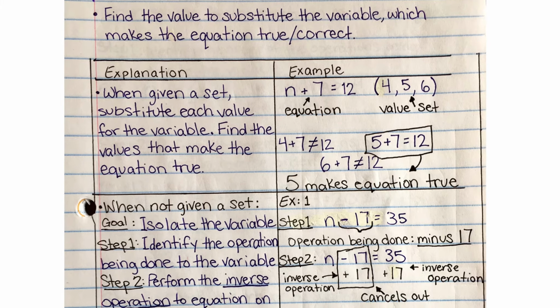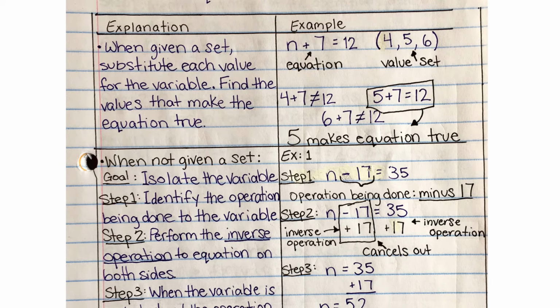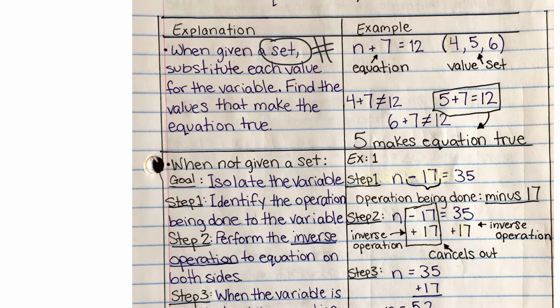Alrighty. So we have two main examples that we're going to look at in our table. The first one is read right here. When given a set, substitute each value for the variable. Find the value that makes the equation true. Now when we say set here, we mean a set of numbers. Like in our example a moment ago, we had n + 2 = 3.